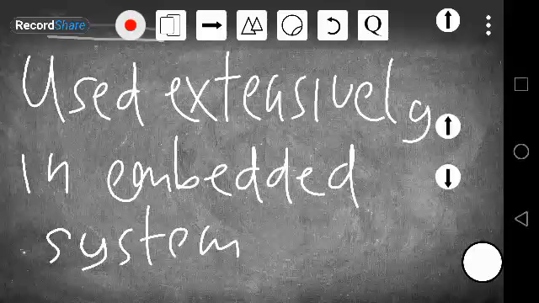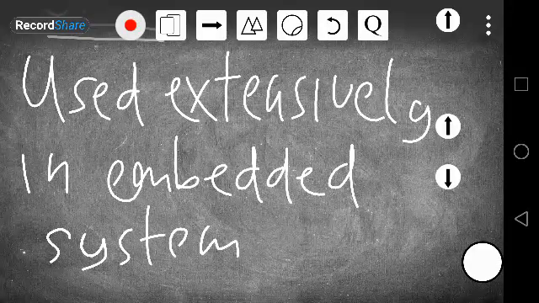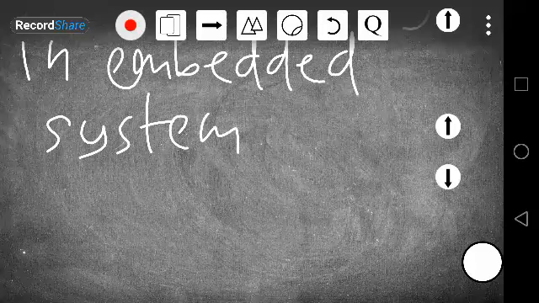Okay, what are we talking about with embedded systems? Embedded systems are designed for a specific purpose, not for a general purpose. General purpose computers do not use the Harvard architecture, but for a specific purpose, we use the Harvard architecture.